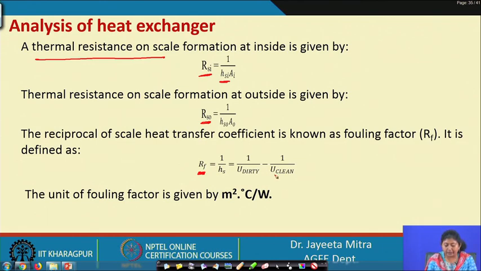So, obviously, U clean will be higher than U dirty, so we get a positive value for the fouling factor. The unit of fouling factor is meter square degree Celsius per watt.